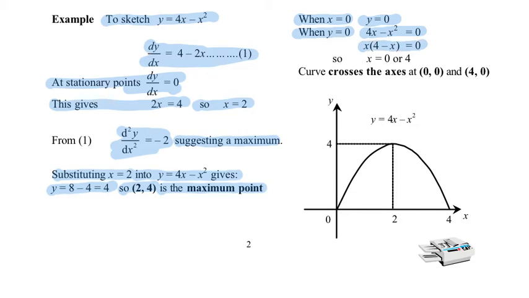Factorize, giving x(4 minus x). So x is equal to 0 or 4. So the curve crosses the axes at (0, 0) and (4, 0). We now have all the information needed to draw our graph.